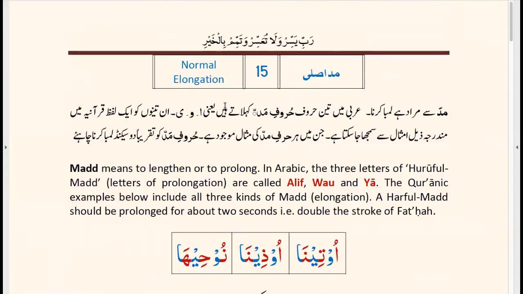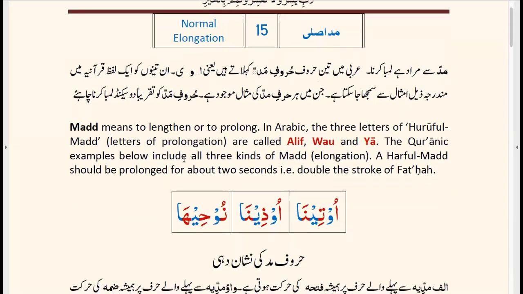Okay, so Madde Asli is called normal elongation. So it has got something to do with making something long, to prolong something, right? I will read out the text and I will explain as I go along. So Mad means to lengthen or to prolong.